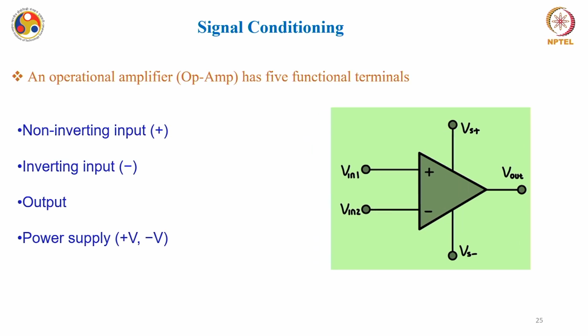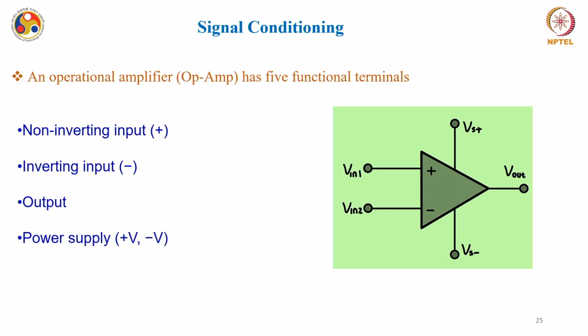All right, so the op amp has 5 functional terminals, although we will learn it as a 3 terminal device. Till now we have seen that there are 2 inputs and the output is giving a certain value in terms of V1 and V2. However, you also have 2 more terminals which are power supply terminals, V positive and V negative.